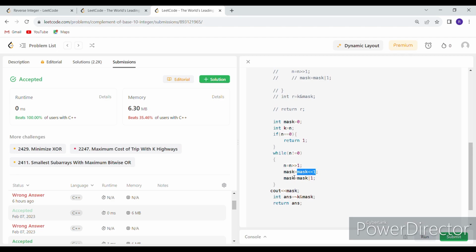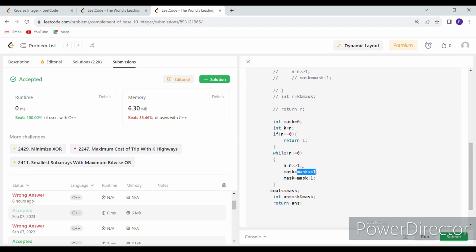After I got mask as 1, I'll move to the next iteration, and again I'll right shift the number by 1. Still the number is not 0, so again I'll left shift the mask by 1 and then OR it with 1. In this way I'll get two ones.